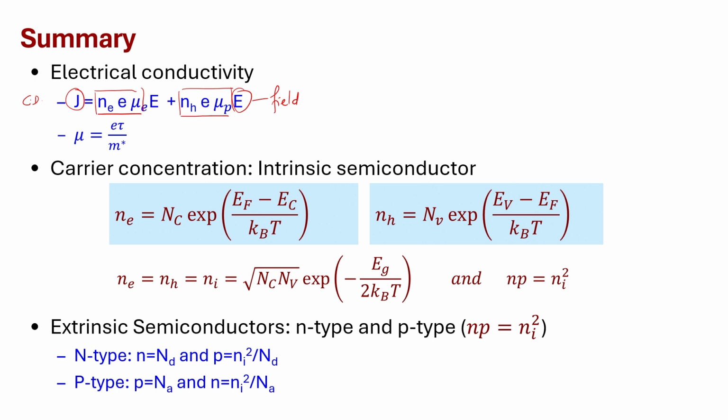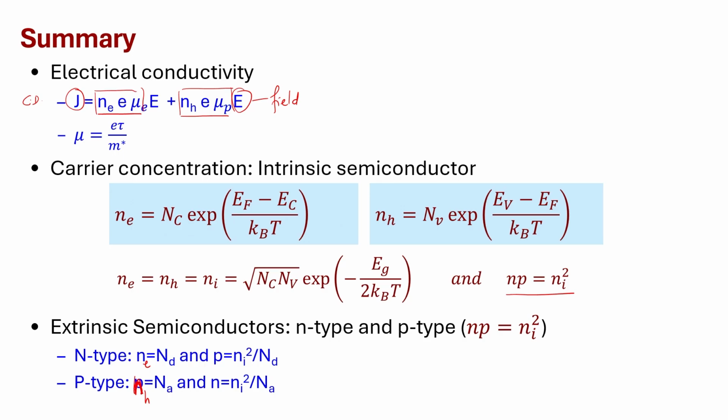For an intrinsic semiconductor we calculated the electron and hole concentration, and we must always remember that NeNh is equal to Ni square. For an extrinsic semiconductor, although NeNh is equal to Ni square, for an n-type semiconductor Ne is equal to Nd, and for a p-type Nh is equal to Na.